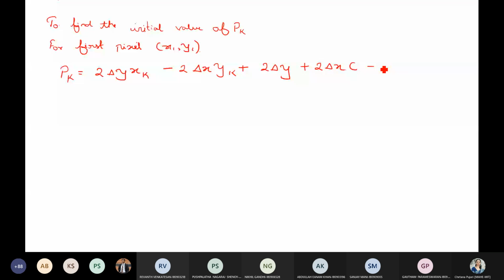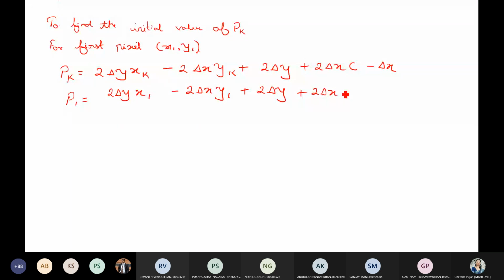This is pk's equation. So just replace k with 1 because we are dealing with the first pixel. This will become 2 delta y x1 minus 2 delta x y1 plus 2 delta y plus 2 delta x c plus delta x.